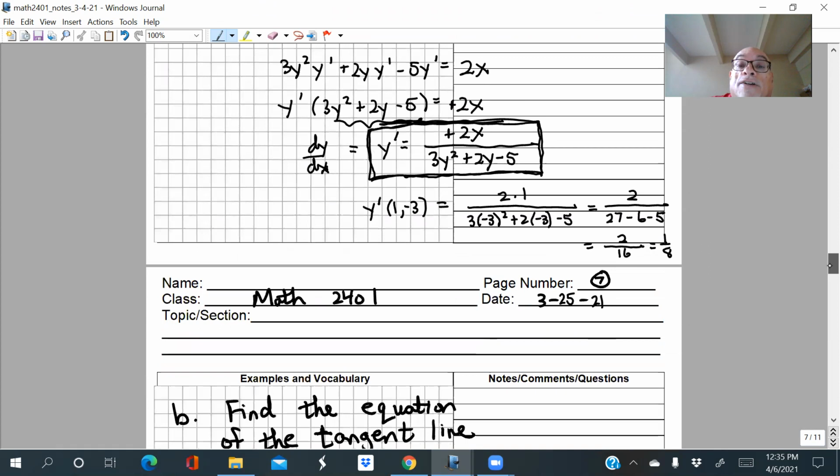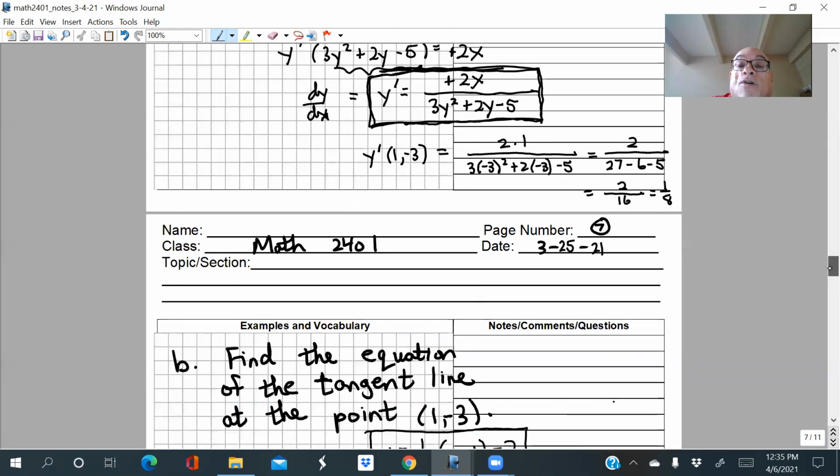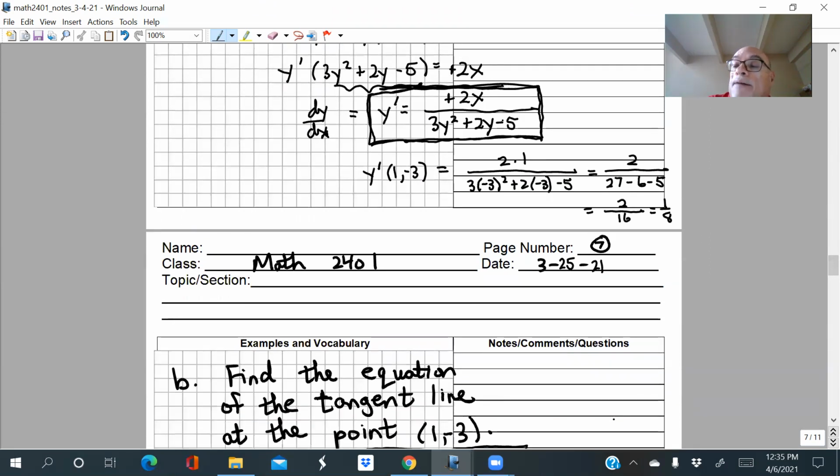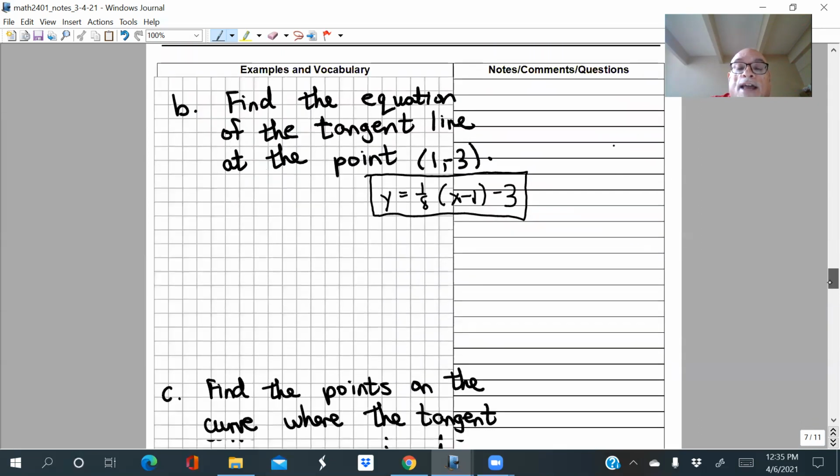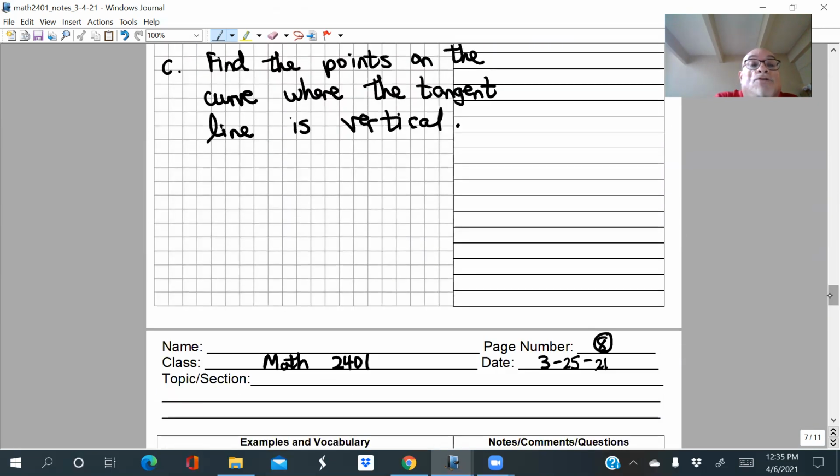We can figure that out because that just means we have to solve an equation. So let's take the denominator, 3y squared plus 2y minus 5, and set that equal to 0. So we try to solve 3y squared plus 2y minus 5 = 0.